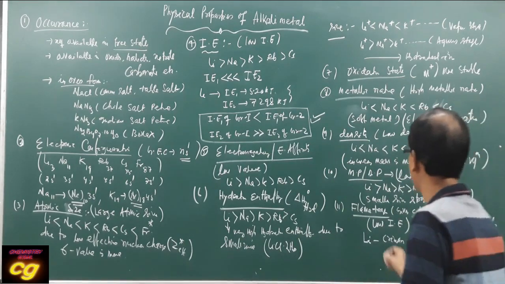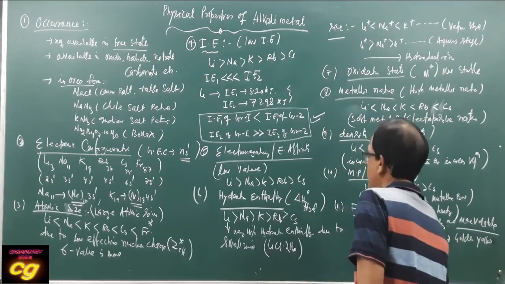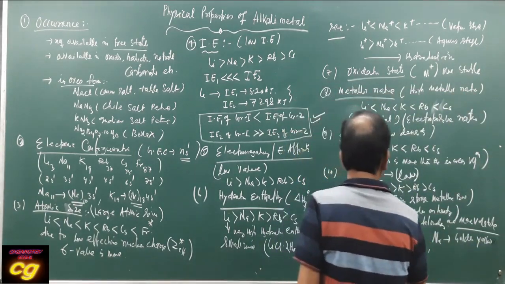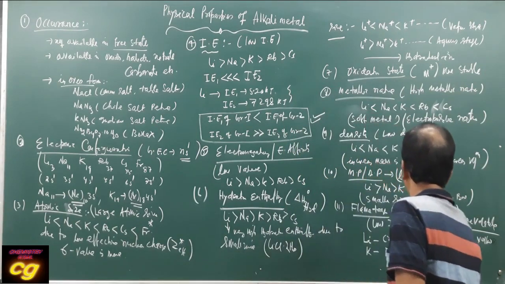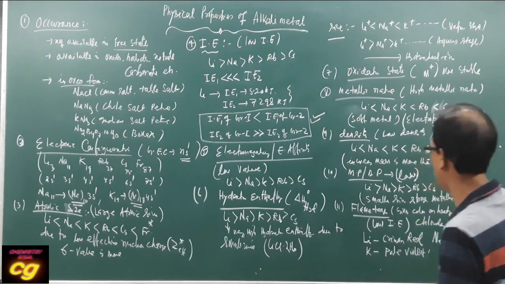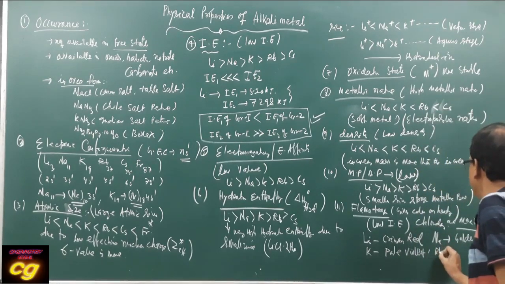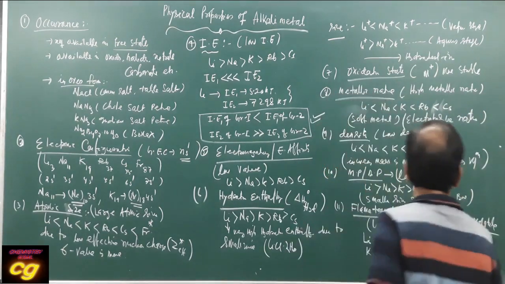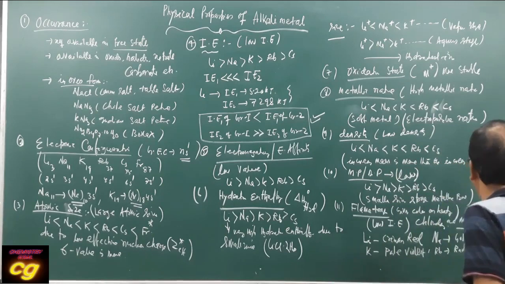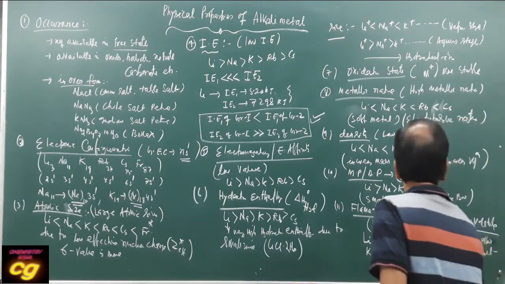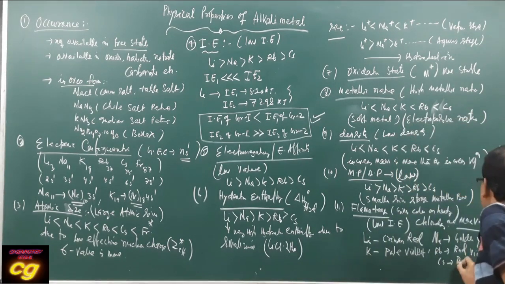Then potassium is pale violet, rubidium is red violet, and cesium is blue.